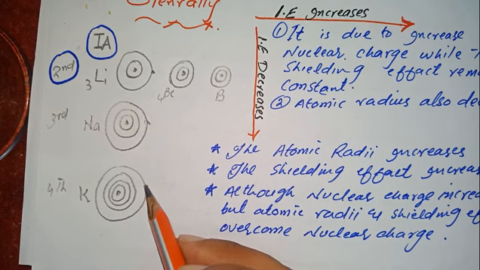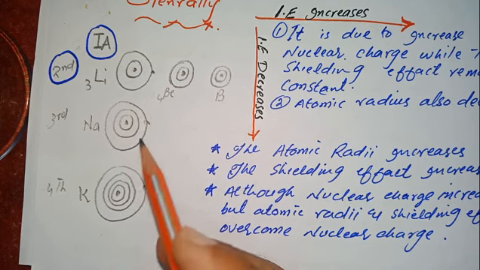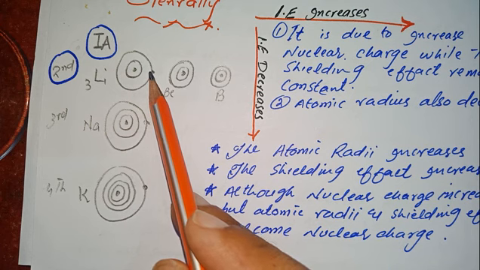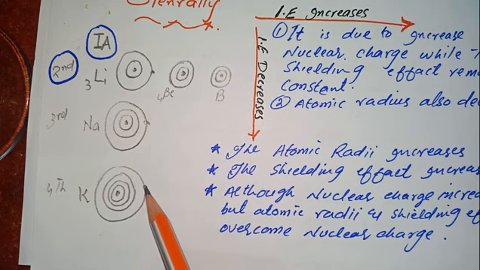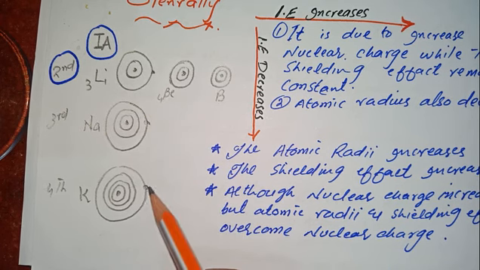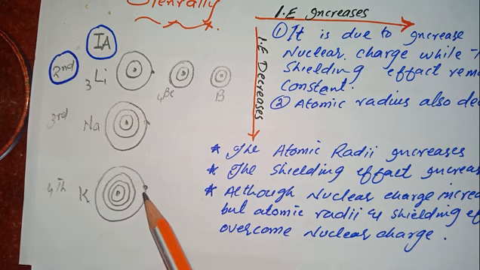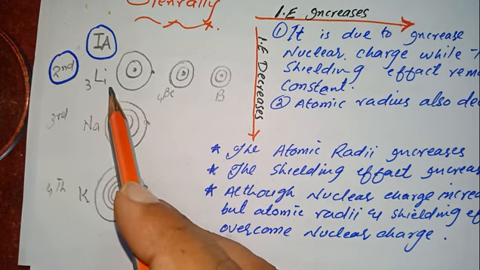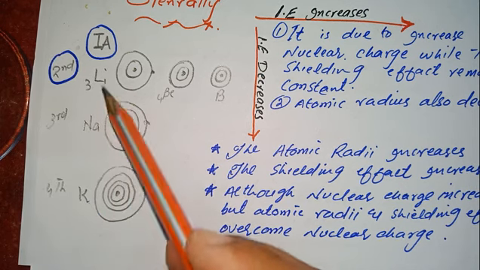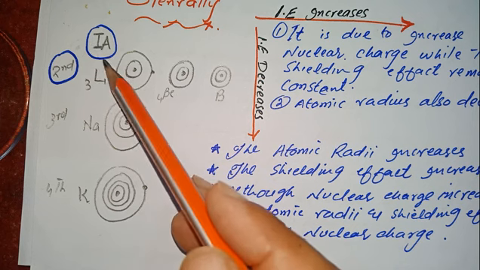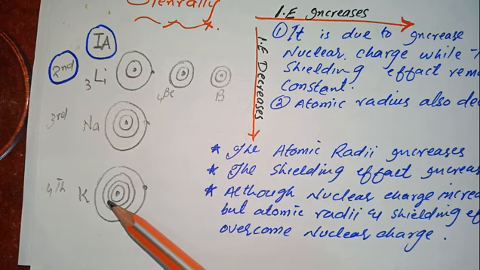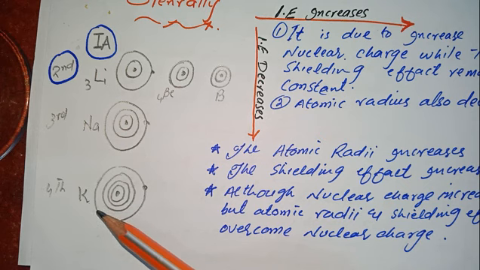Therefore, this electron is much more loosely bound as compared to the valence electron of lithium. Therefore, it requires less energy to remove the valence electron of potassium as compared to sodium and lithium. So, generally speaking, when we move from top to bottom, atomic radius increases, the shielding effect also increases, so the ionization energy of the element goes on decreasing.